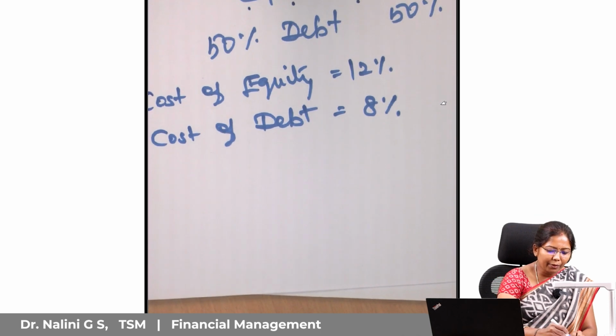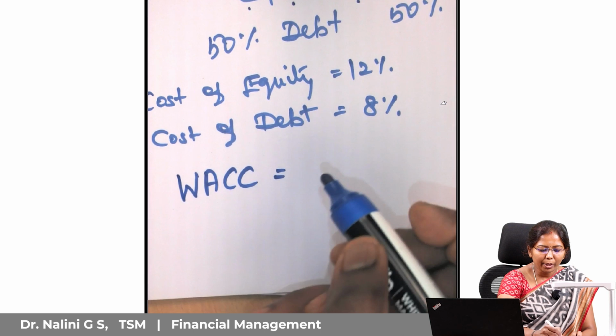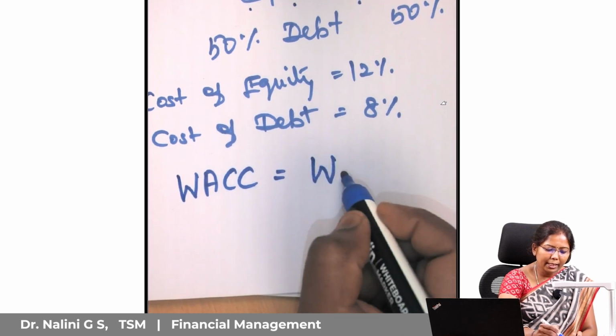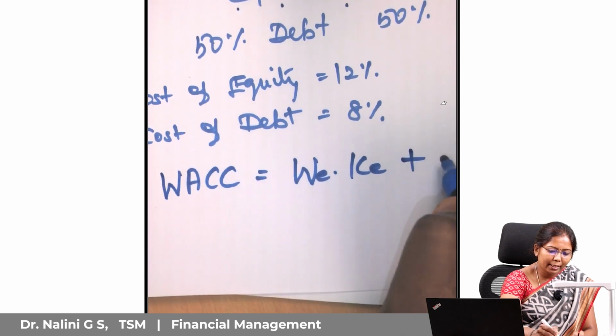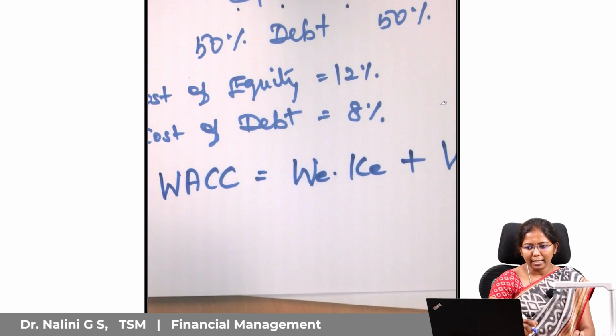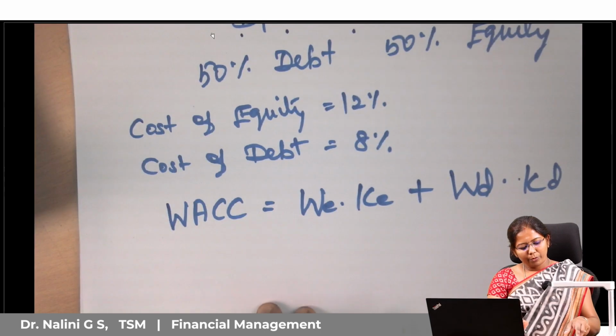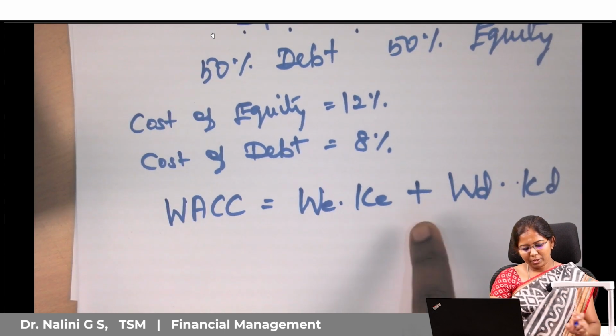To calculate the weighted average cost of capital, we have to apply weight of equity into cost of equity plus weight of debt into cost of debt into 1 minus t. Now I have ignored the tax and the preferred stock. So WACC is weight of equity into cost of equity plus weight of debt into cost of debt.